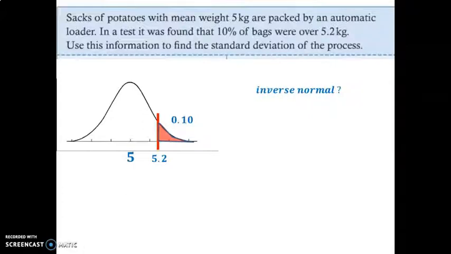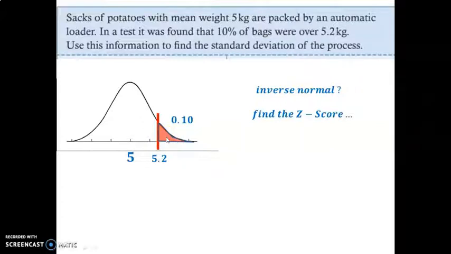Well, the only formula we know that includes the standard deviation and an area value, for example, is the z-score formula. So let's take a look. We're going to find the z-score. But how can we find the z-score when we don't know the standard deviation? The z-score formula has standard deviation in it. But we do know the area.